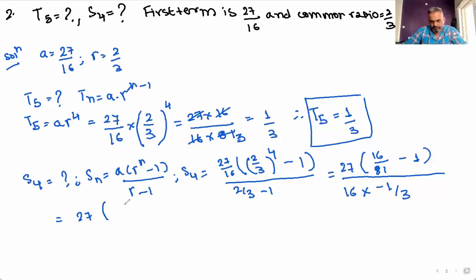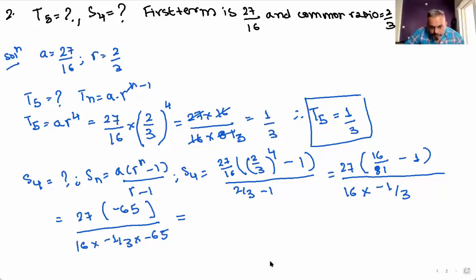So minus 65 upon 81, we will take it down in the denominator. So 16 into minus 1 by 3 into minus 65, which is equal to, solve it.